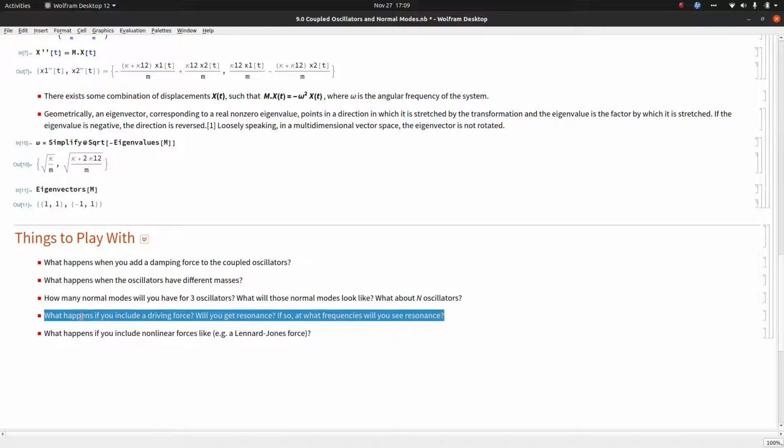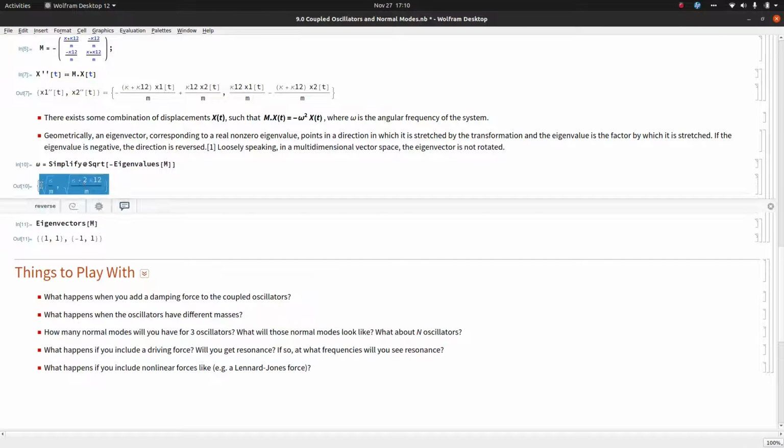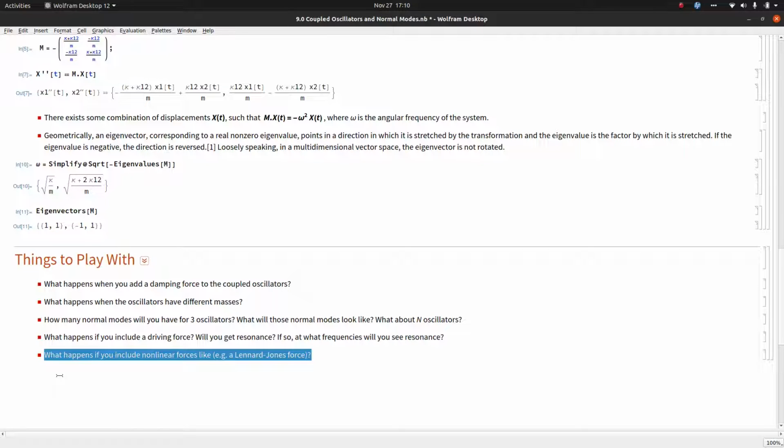What happens if you include a driving force? Are you going to get resonance? And if so, what frequencies will you see those resonances at? Since we've already shown that you'll get multiple frequencies that are related to your eigenvalues. And then what happens if you include nonlinear forces? So what happens if we include something like a Lennard-Jones force?